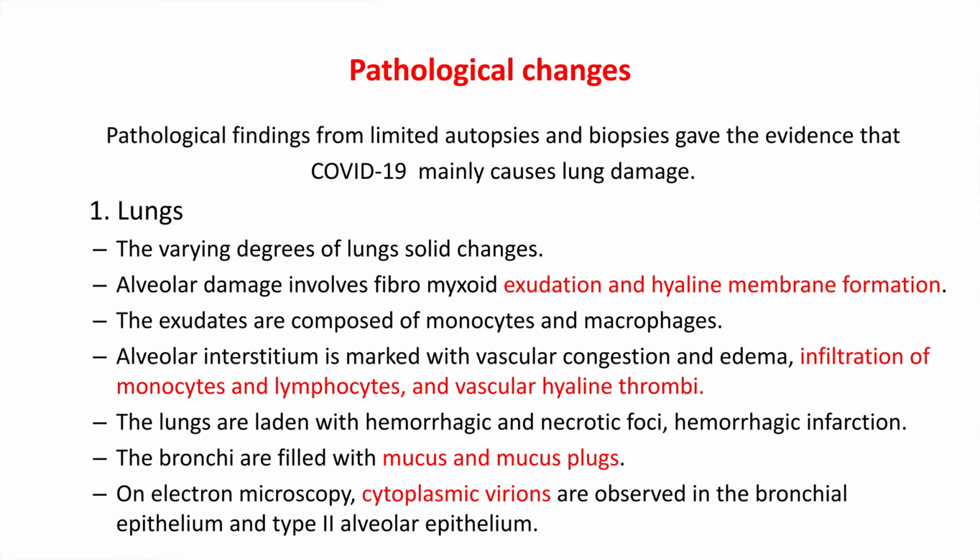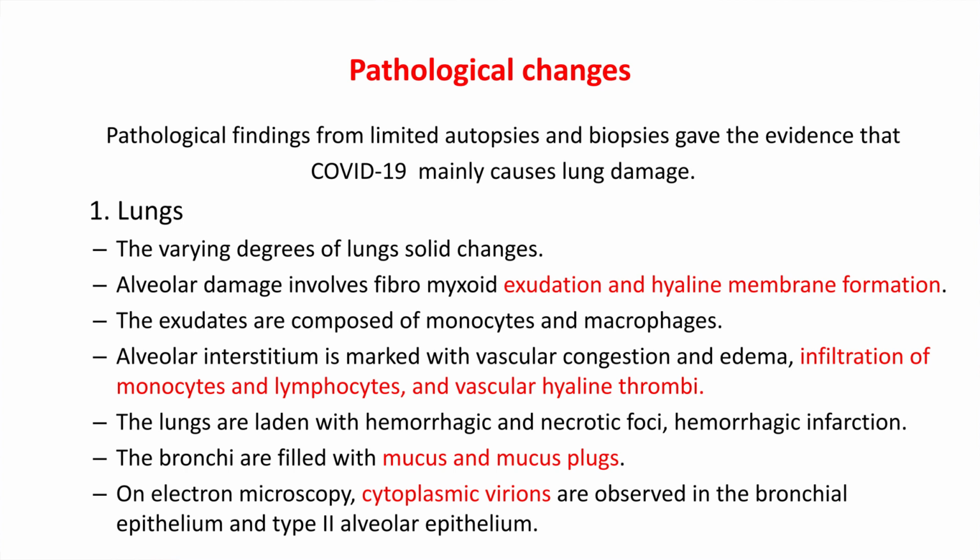Alveolar interstitium is marked with vascular congestion and edema, infiltration of monocyte and lymphocyte, and the vascular hyaline thrombi. The lungs are laden with hemorrhagic and necrotic foci, hemorrhagic infarction. The bronchi are filled with mucus and mucus plugs.